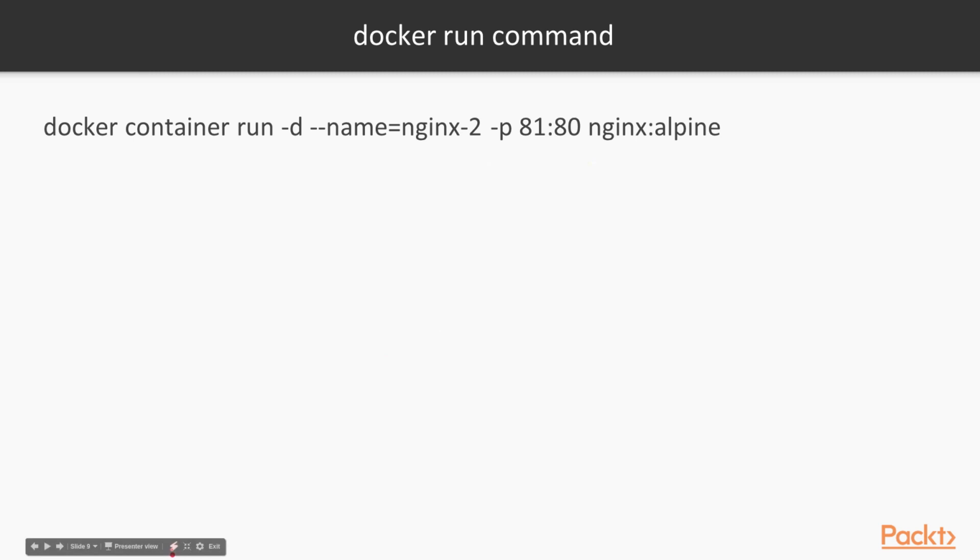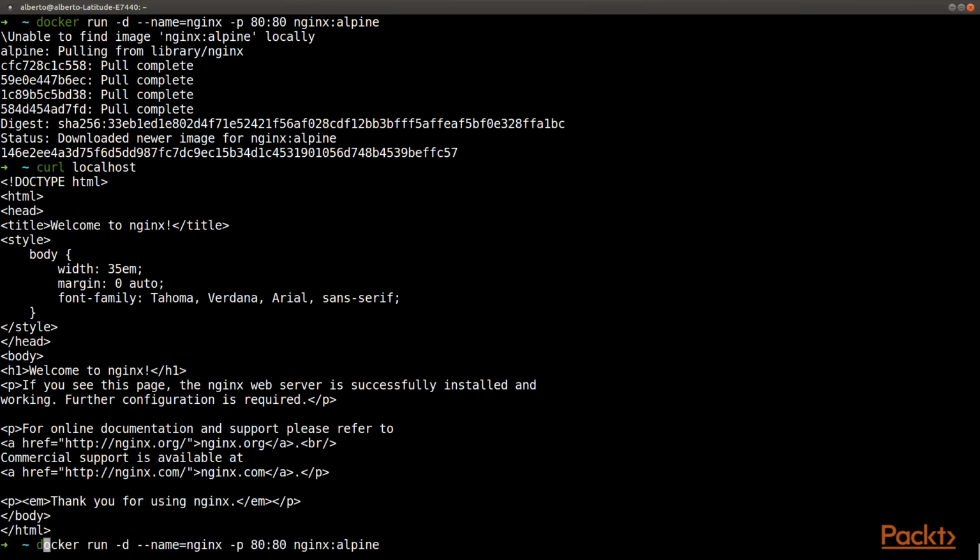So let's go to the command line and let's run our container run -d --name nginx2 -p port 81 on my computer and 80 inside of the container, and the alpine.